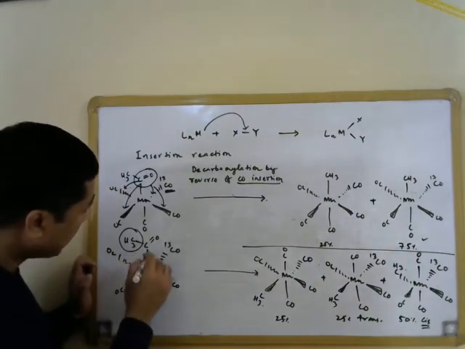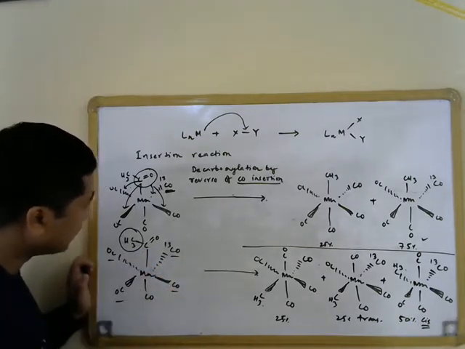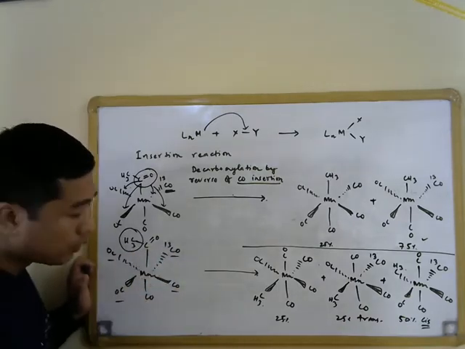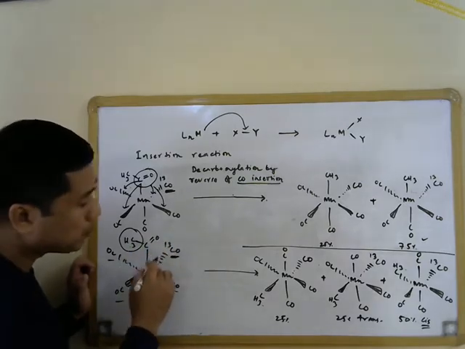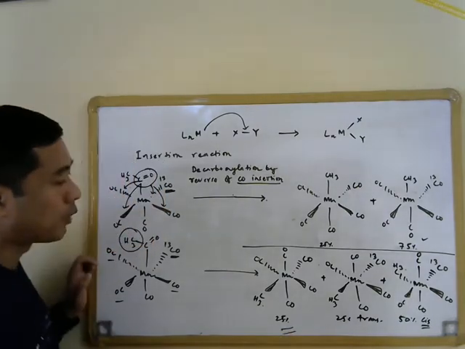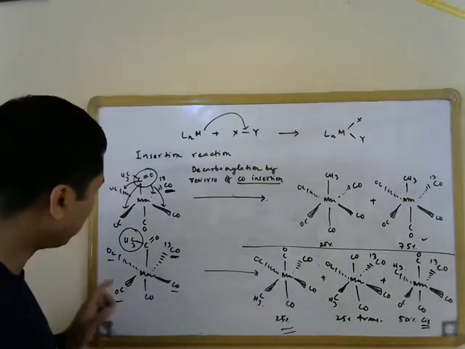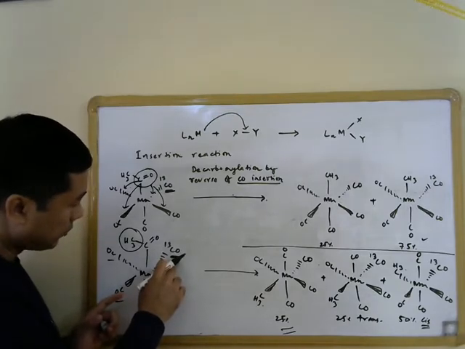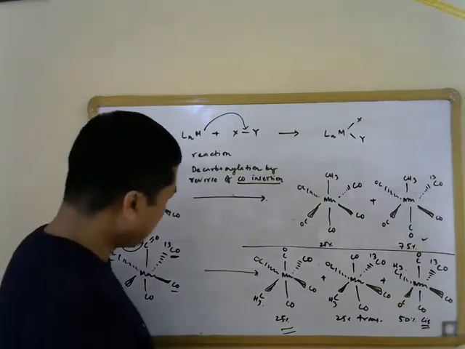There are 4 CO groups available cis to the acetyl group, so methyl can migrate to any one of these 4 carbon monoxide groups. So there is a 25% possibility of replacing this particular tagged carbon monoxide group, and that is why we obtain 25% of the product where there is no tagged carbon monoxide group, because the methyl group has now replaced this particular CO group.